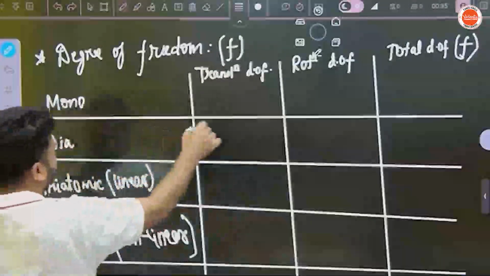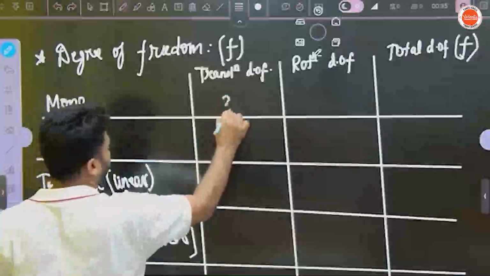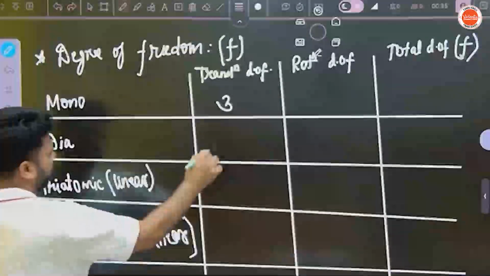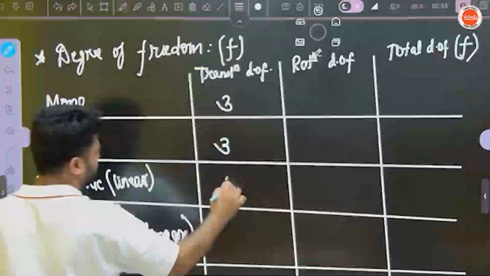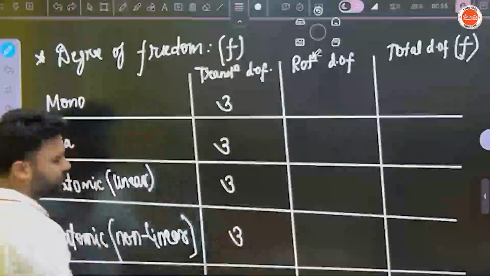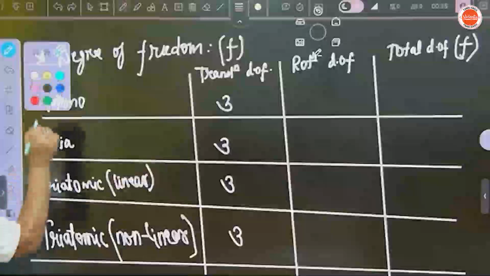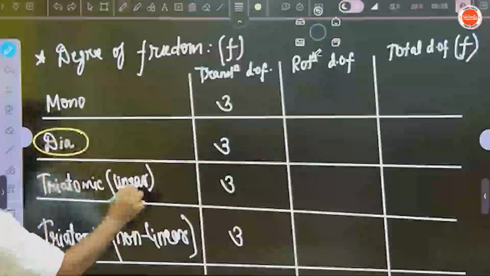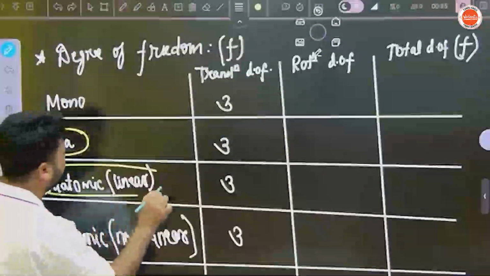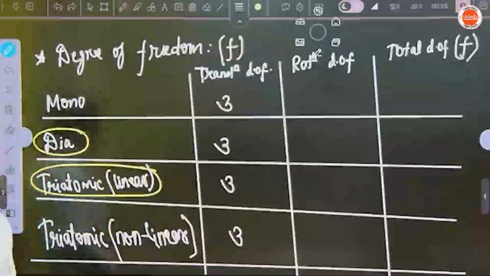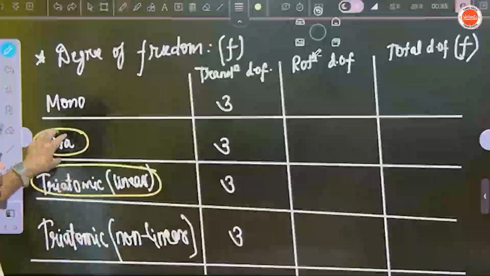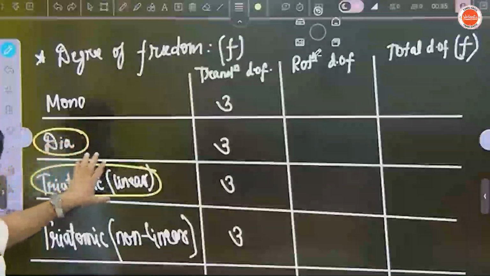Remember this, for monoatomic this is 3, in 3 ways. For diatomic also this is 3. This also 3. This also 3. And one more thing you remember, that diatomic and triatomic linear behave the same. Whatever you are getting for this, you will get the same for this.